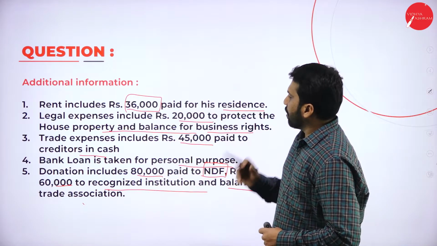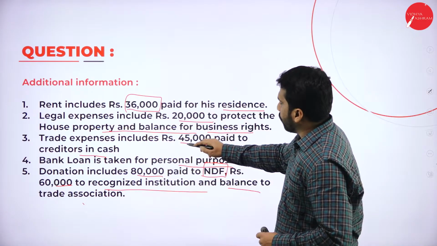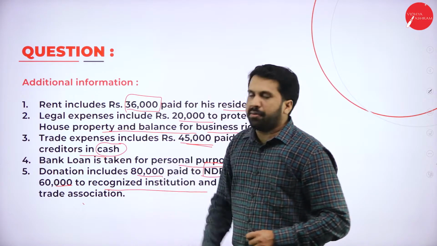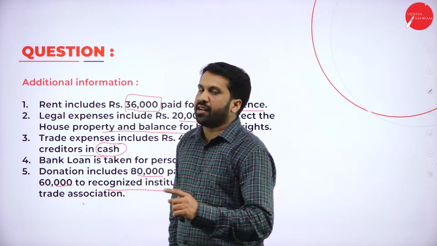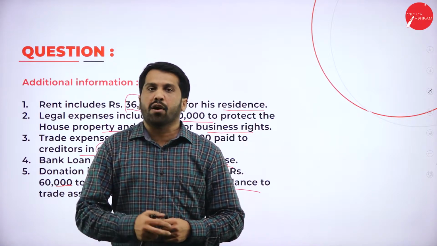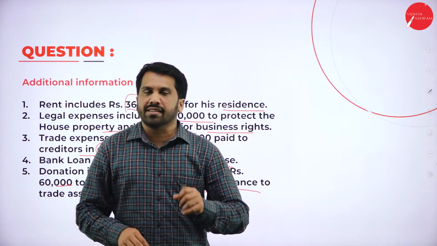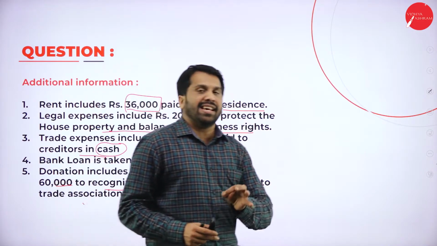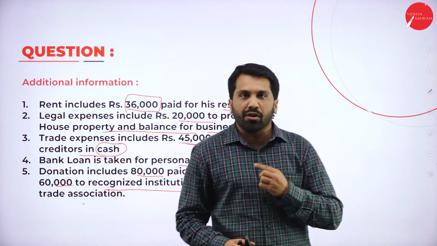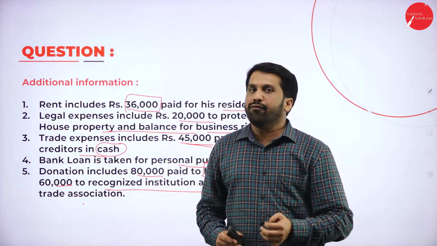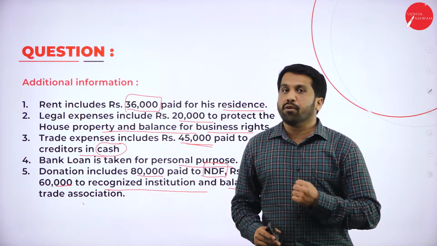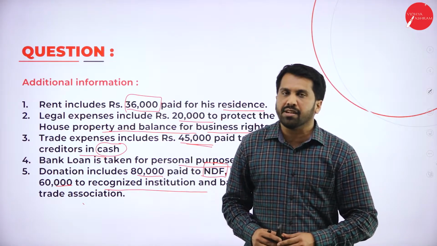Hope you are clear. Now, trade expenses include 45,000 paid to creditors in cash. Remember, any expenses made above 20,000 in the form of cash, we don't consider as a business expenditure. Again, I'll repeat, any expenses made above 20,000 rupees in the form of cash, we don't consider as your professional or business expenditure.